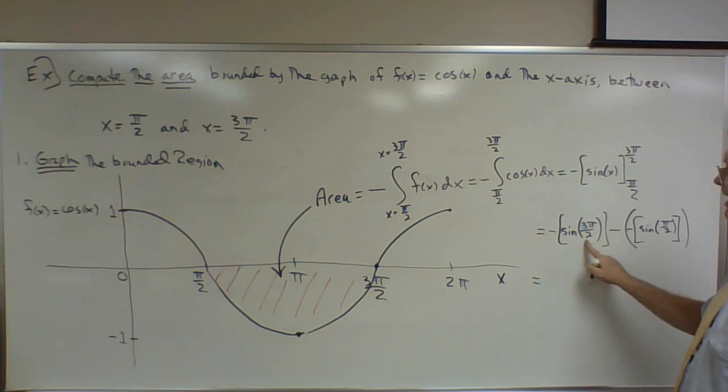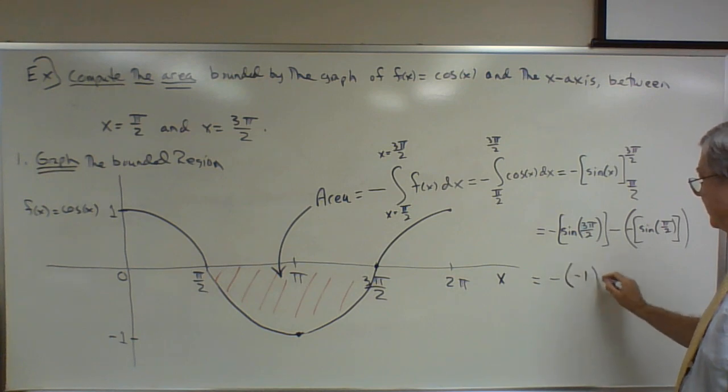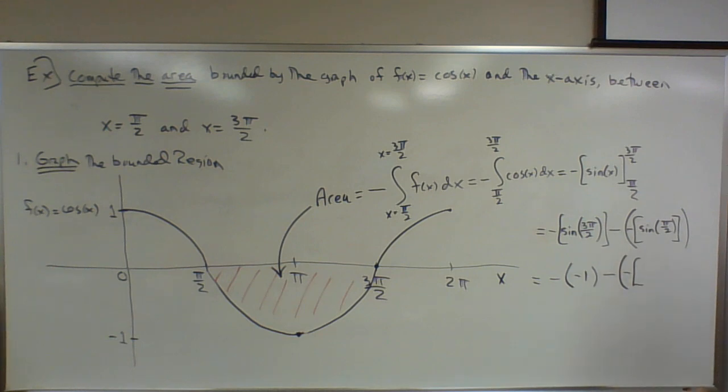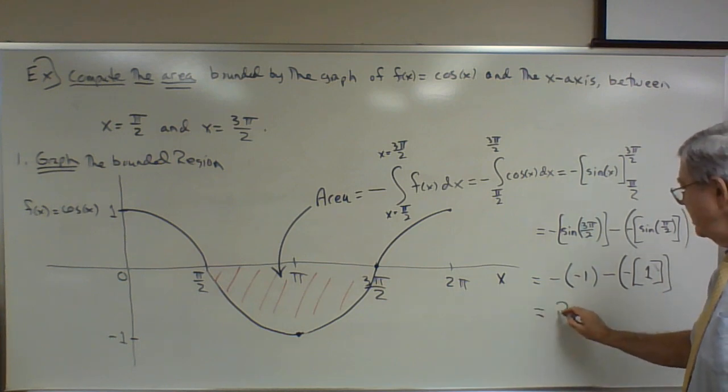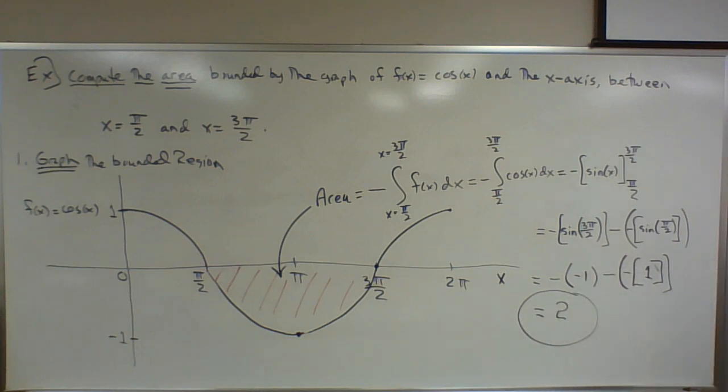And let's see, sine of 3 pi over 2, that's the same as sine of negative pi over 2, which is negative 1. So this is negative, negative 1, minus sine of pi over 2, which is 1. And that gives an area of 2. Okay.